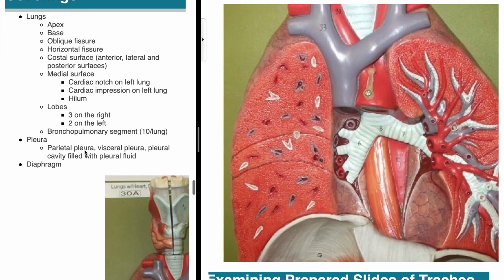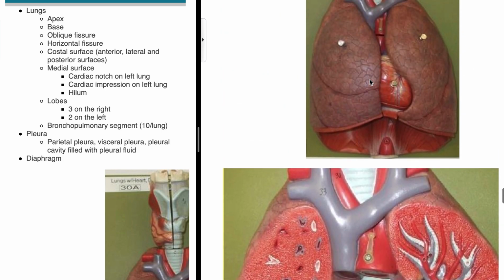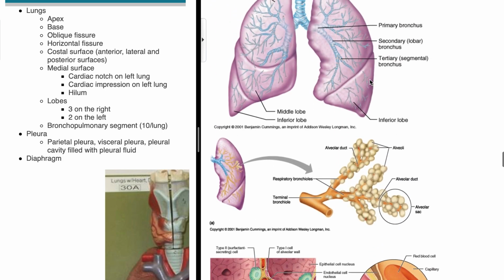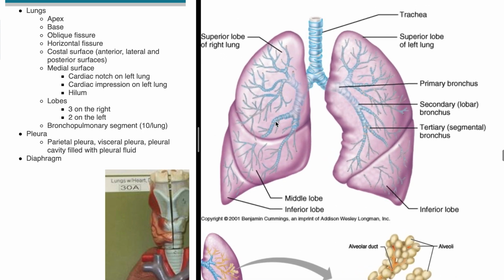All right, and then our last couple topics here, one is called the bronchopulmonary segments. That's a little bit of advanced pulmonary anatomy, but basically there are, in most people, about 10 subdivisions of the lung. So if you go back to this picture, each one of the tertiary bronchi connects to its own isolated region of the lung.